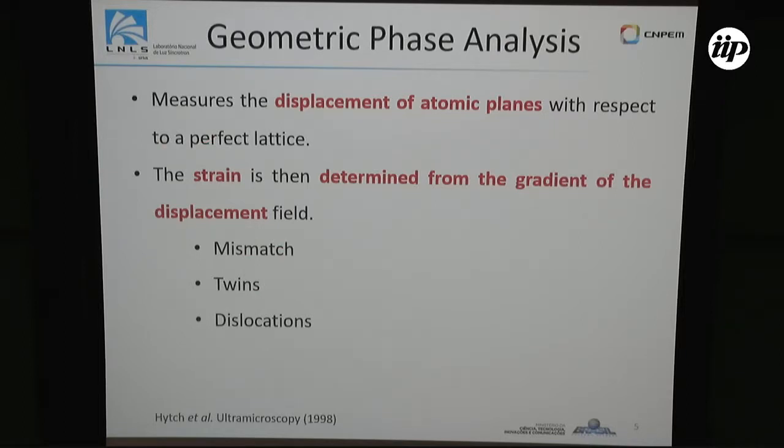The strain comes from the gradient of this displacement field. This method is used to study the mismatch between films, the twins between layers or in a crystal, and dislocation effects.